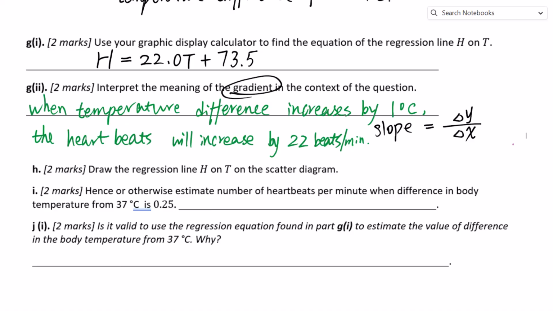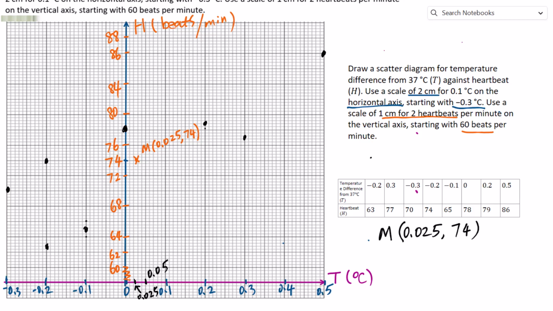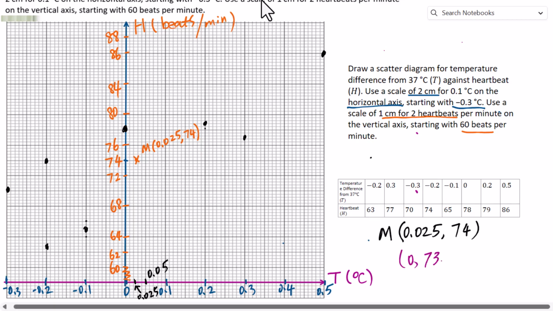H. Draw the regression line H on T on the scatter diagram. When you sketch a regression line on a scatter diagram, make sure it passes through the y-intercept and the mean point. The y-intercept is 0, 73.5.